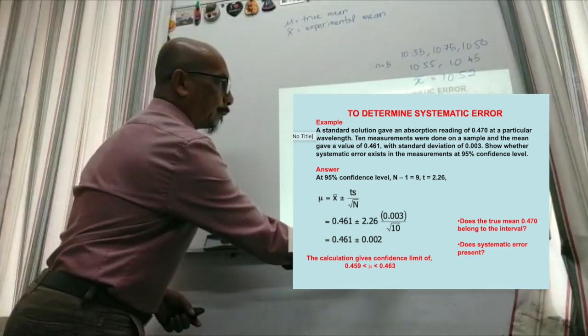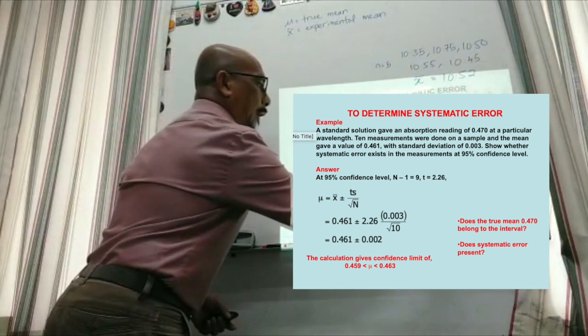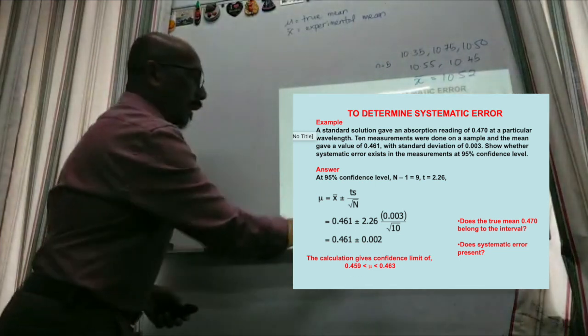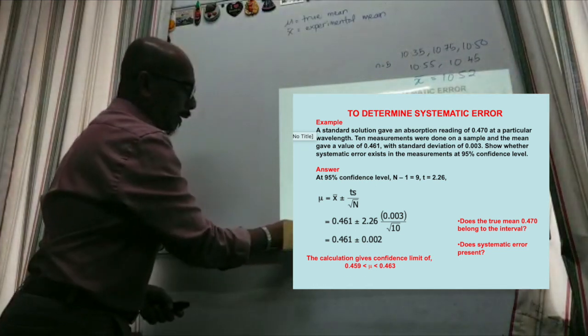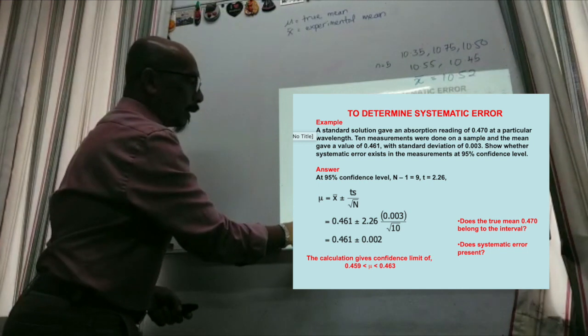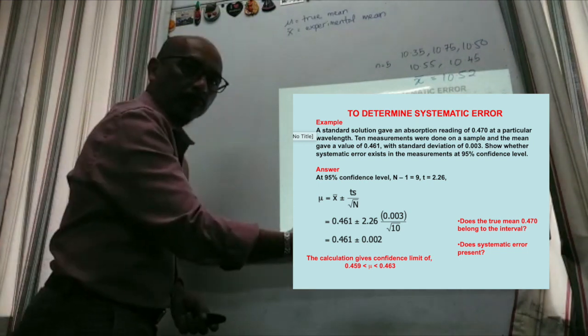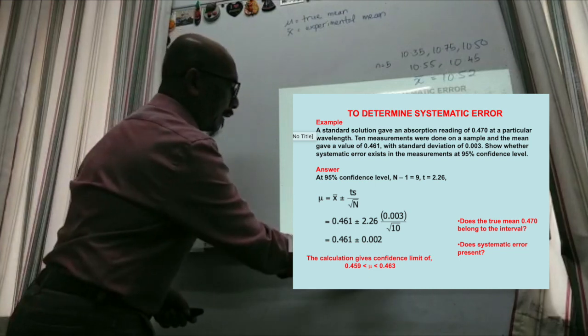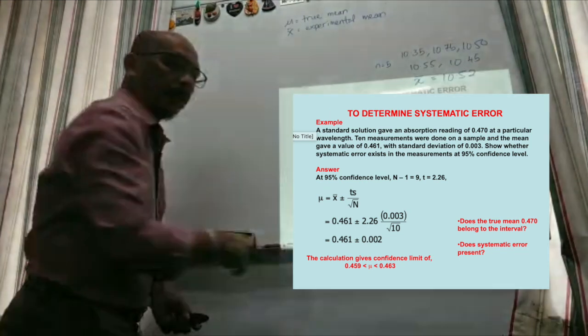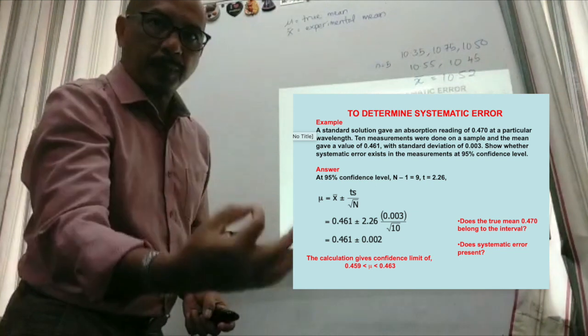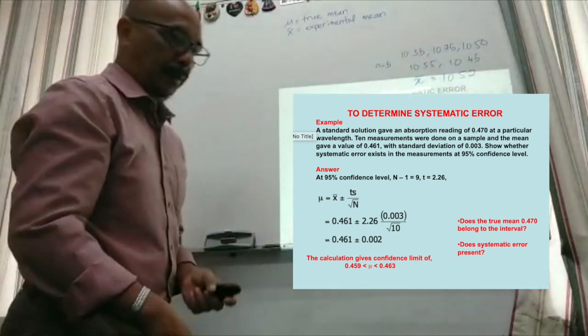So we can say systematic error is present. If the value is lower than this value, then we can also say systematic error is present. If the value is within this limit or range, we can say random error is present.